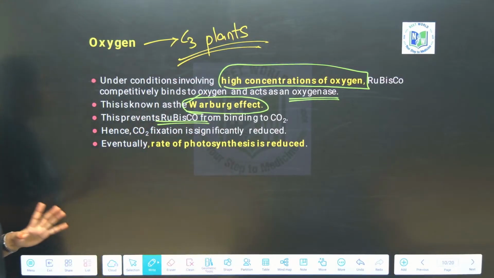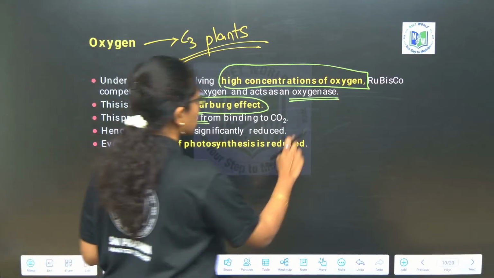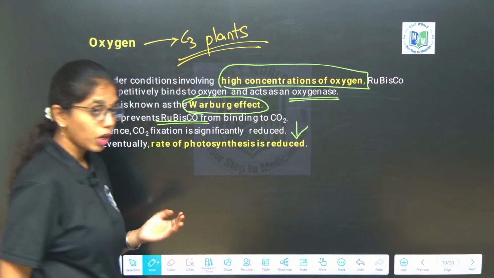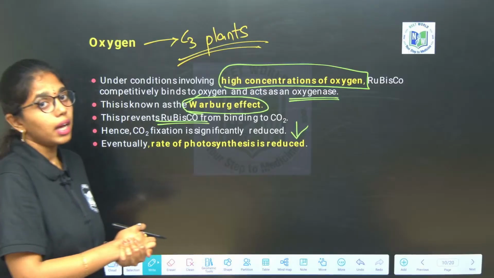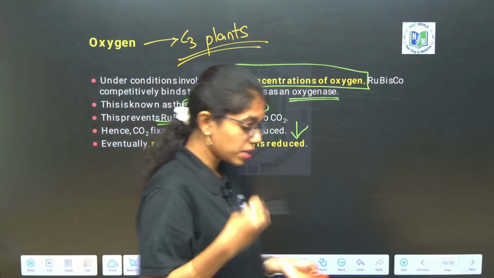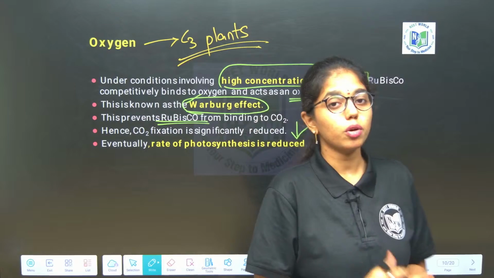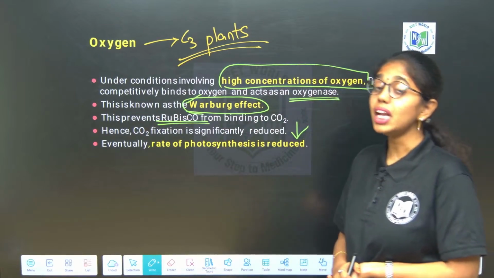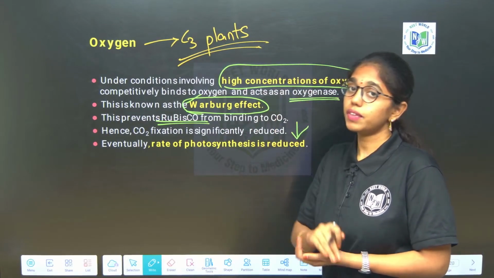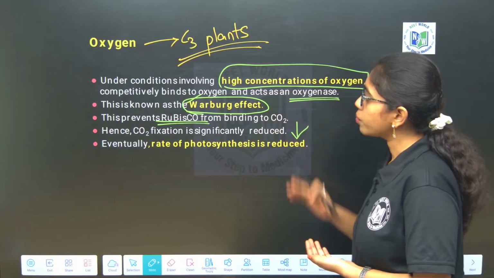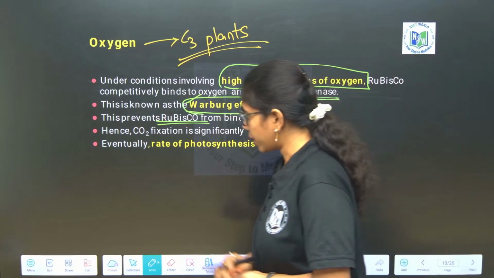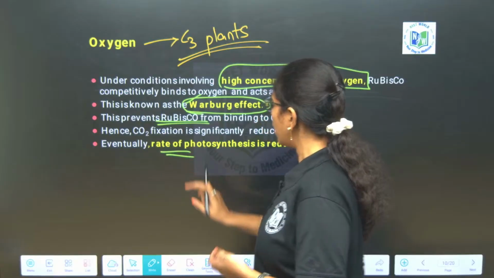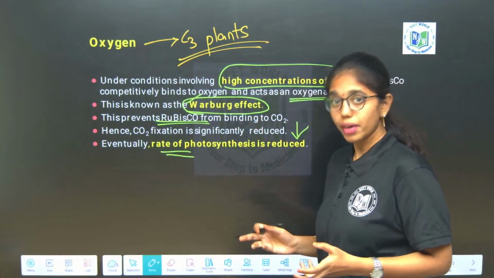Hence, carbon dioxide fixation is significantly reduced because of the increase in oxygen content. If the oxygen rates are more, that will inhibit Rubisco in binding with carbon dioxide, thereby carbon dioxide fixation gets reduced, and this is what effect? The Warburg effect. Eventually the rate of photosynthesis is also reduced, right.